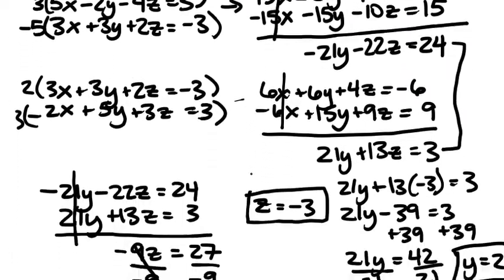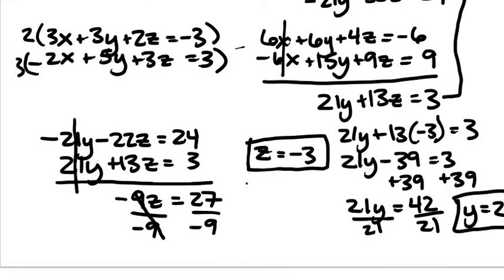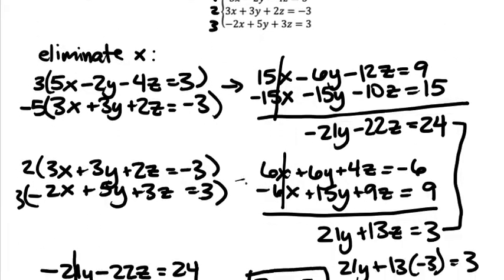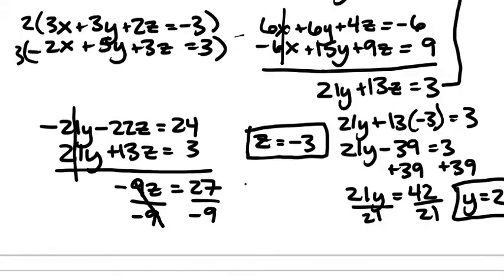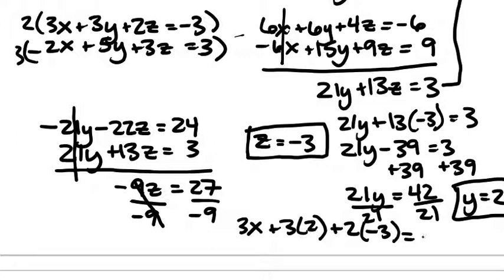Now I have to go back to one of my original three equations and plug in the y and z that I just found and then solve for x. I'm going to use equation 2 because I can see it right here on my screen. So we have 3x plus 3, plug in 2 for y, plus 2z, oops, I should have spaced that out a little better, plug in negative 3 for z, and that equals negative 3. So I'm using this equation right here, 3x plus 3y plus 2z equals negative 3.